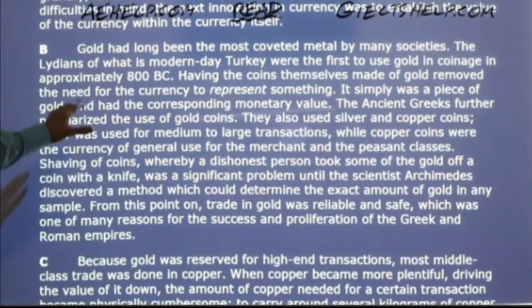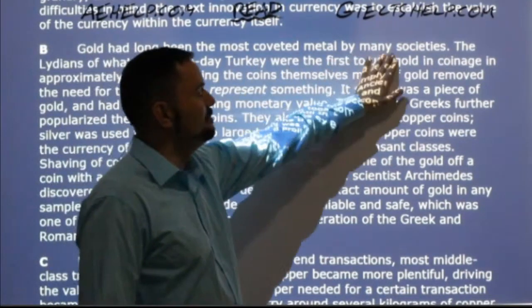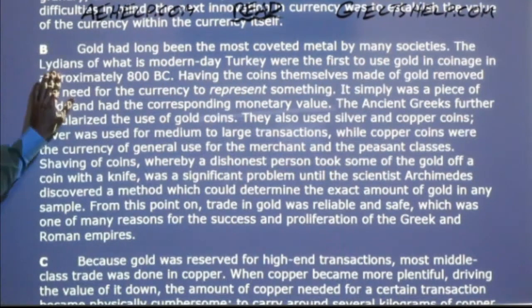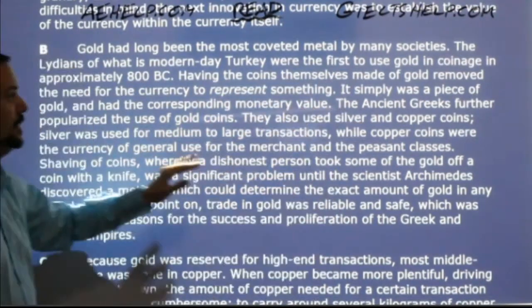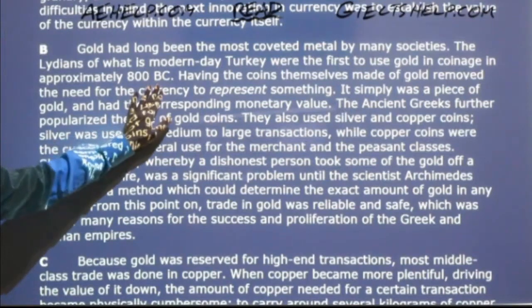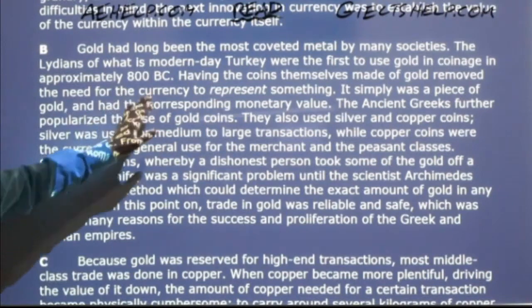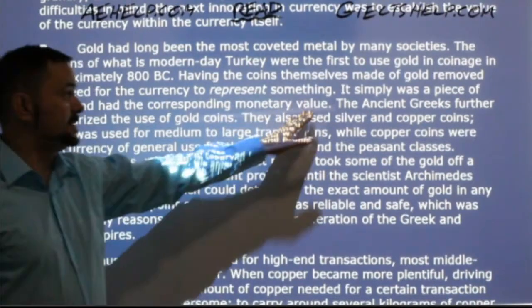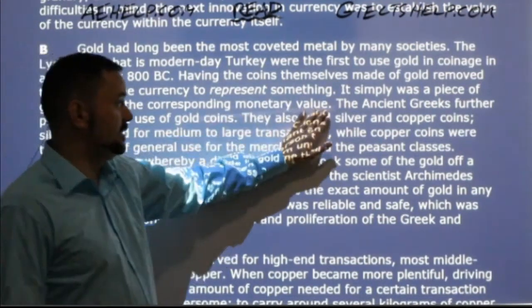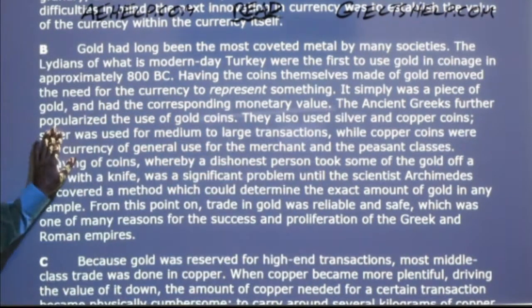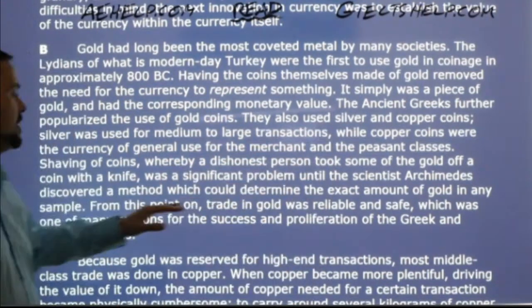Let's read this. So, gold had long been the most coveted metal by many societies. The Lydians of what is modern-day Turkey were the first to use gold in coinage in approximately 800 BC. Having the coins themselves made of gold removed the need for the currency to represent something. It simply was a piece of gold and had the corresponding monetary value. The ancient Greeks further popularized the use of gold coins. They also used silver and copper coins.